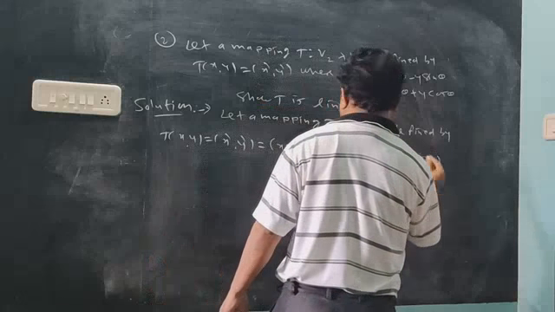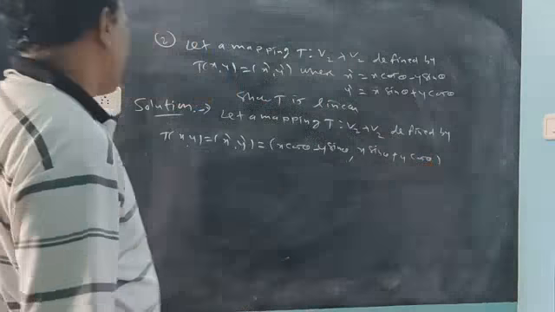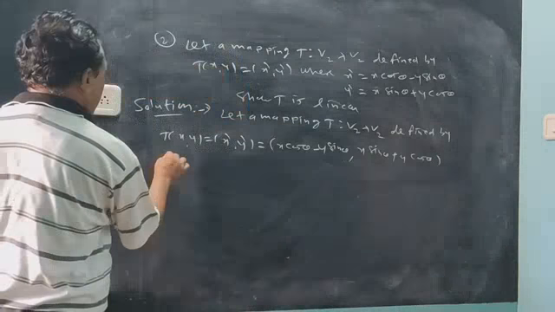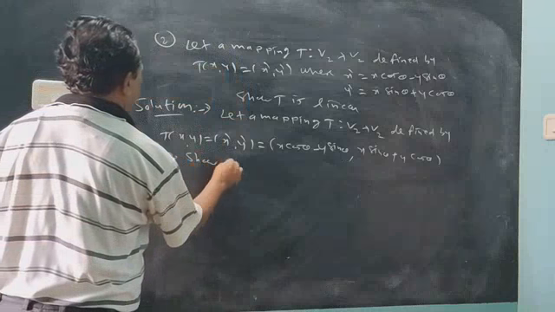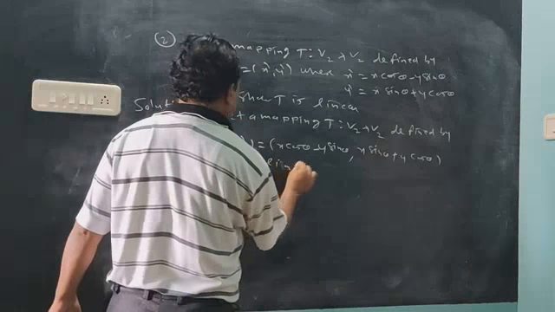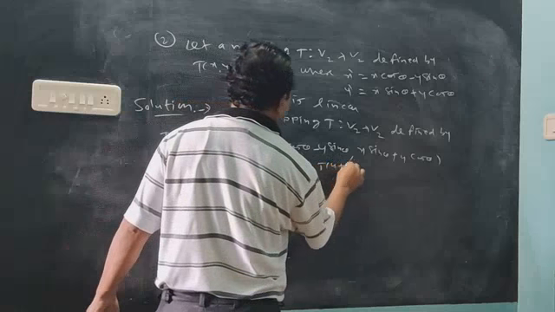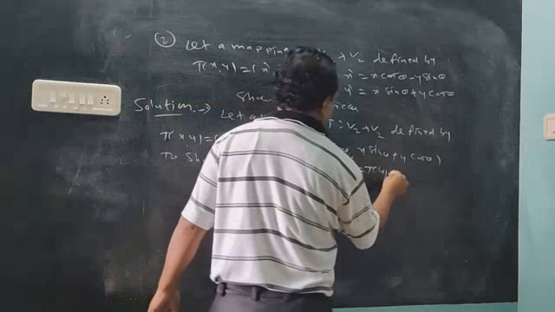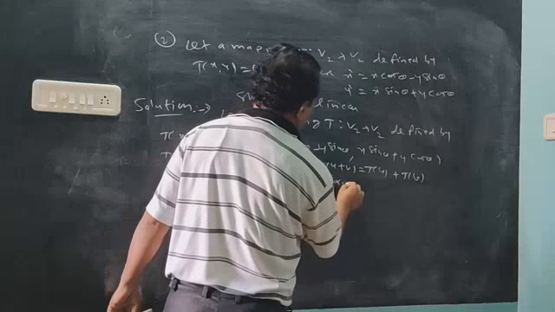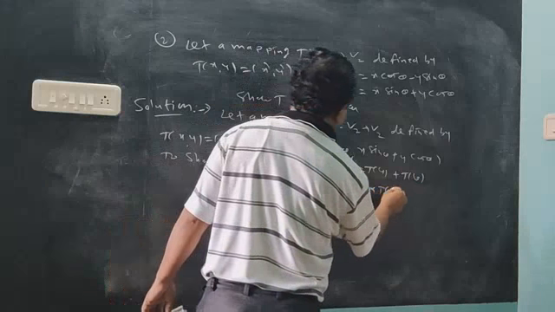So this is defined T of (x, y). To show T is linear, there are two points: first, T of u plus v equals T of u plus T of v, and second, T of alpha u equals alpha outside T of u.